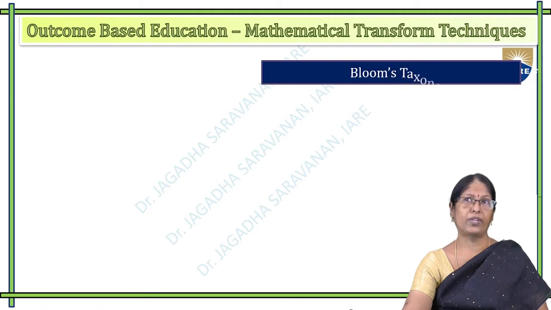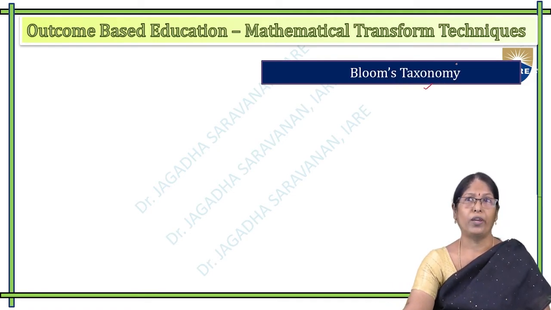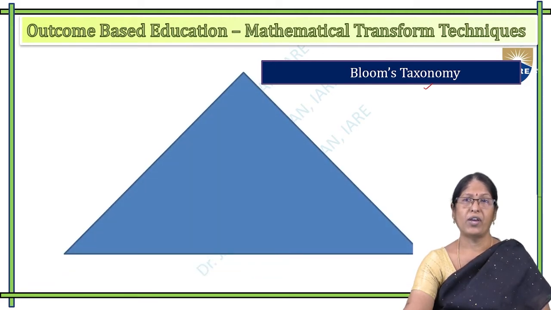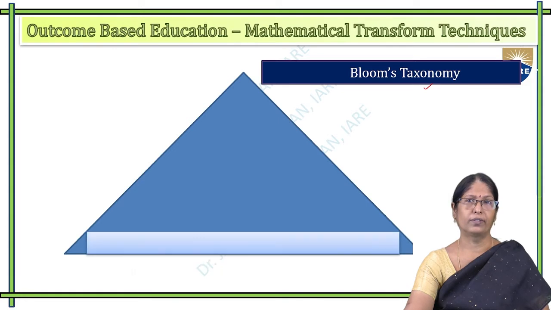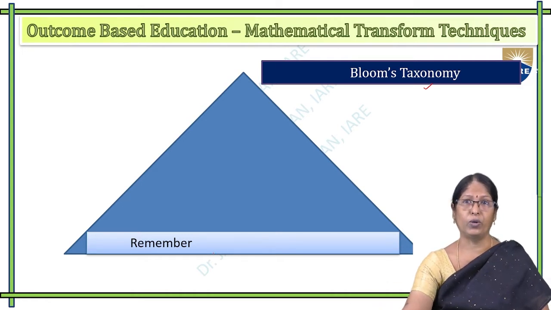First, Bloom's taxonomy. This is the global language for higher education. It has 6 levels. The first level is Remember. The course outcomes are framed using these levels.